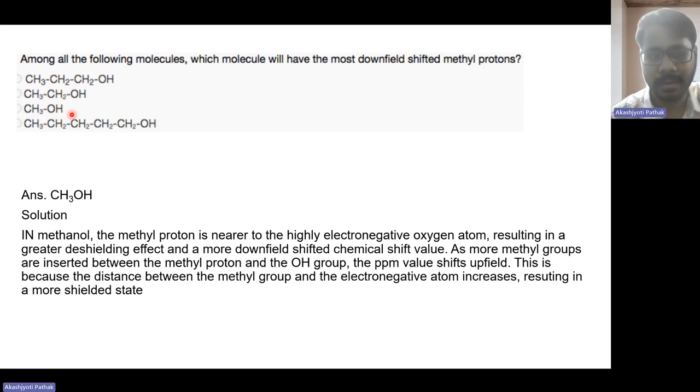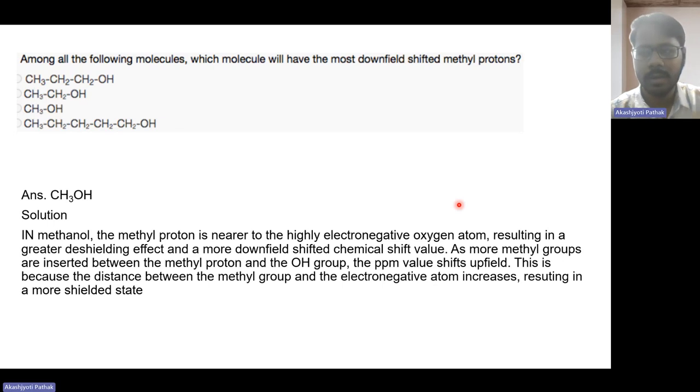Since it is in a very deshielded state, the downfield shift of the methyl protons in the methanol molecule will be much higher than these options, where there are more CH2 groups added between the methyl group and the OH group.